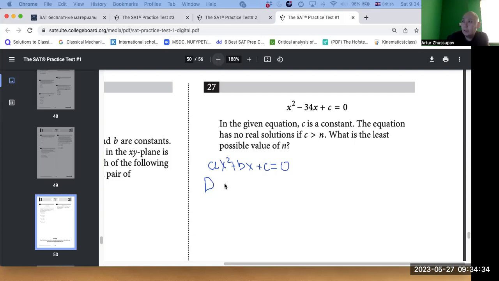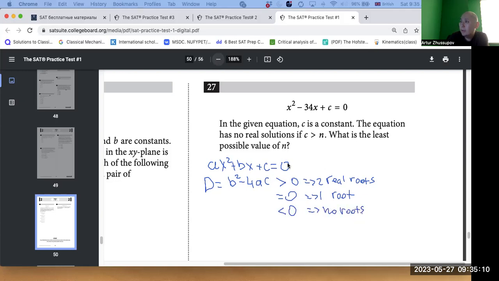The discriminant is very useful because if it is more than 0, we have 2 real roots. If it equals 0, we have only one distinct root. And if the discriminant is negative, we have no roots at all.